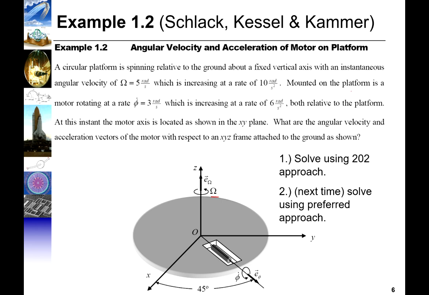Then on the platform, we have a little motor and this wheel over here that causes this little part to spin around this axis with a rate phi dot. We can add up those two rates and calculate the total angular velocity. The problem's asking what's the total angular velocity and total angular acceleration of this motor with respect to an inertial reference frame.